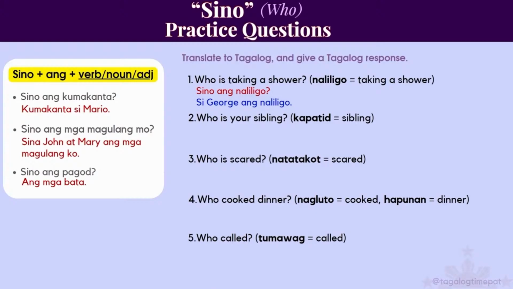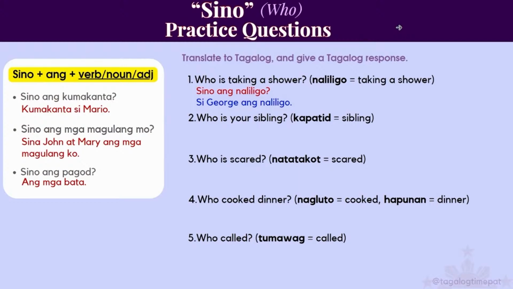Or the simplest answer, si George. But you have to add si because that is the indicator of a person. You have to add that in your response. So go ahead and take a minute, pause the video now. You finish the examples and then we'll go back and do them together.